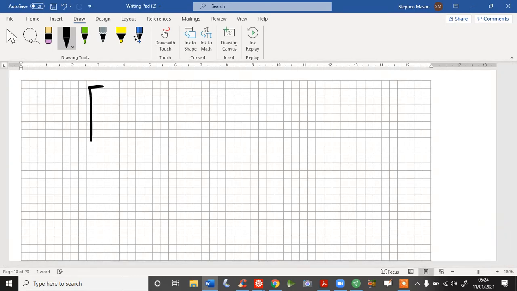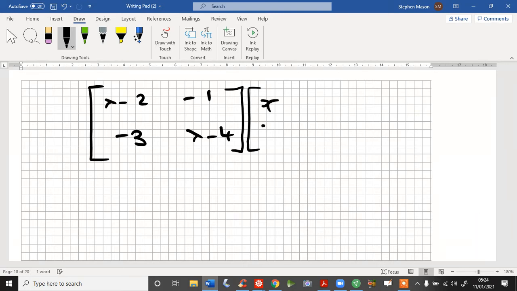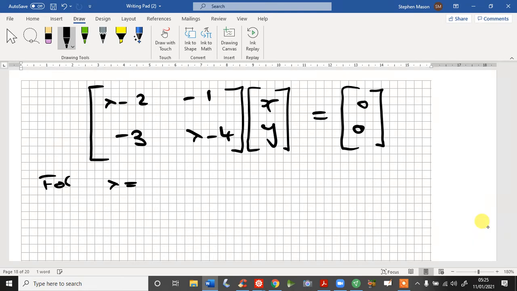We go back to the matrix, lambda -2, -1, -3, lambda -4, multiplied by x and y, and that's equal to 0. Now, for lambda equals 5, I think it was 5, wasn't it?